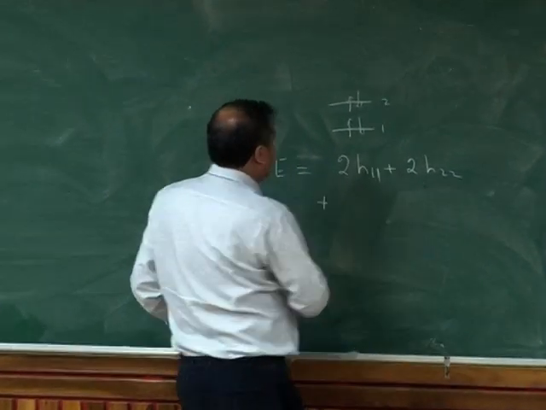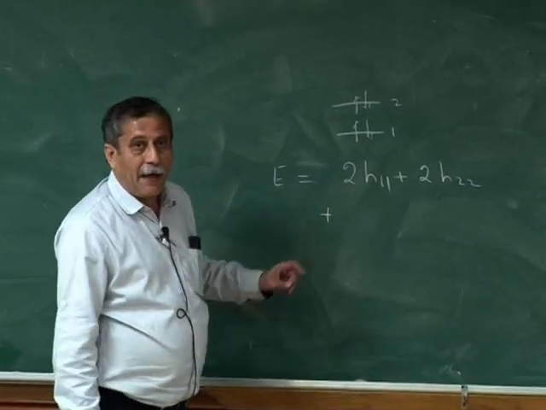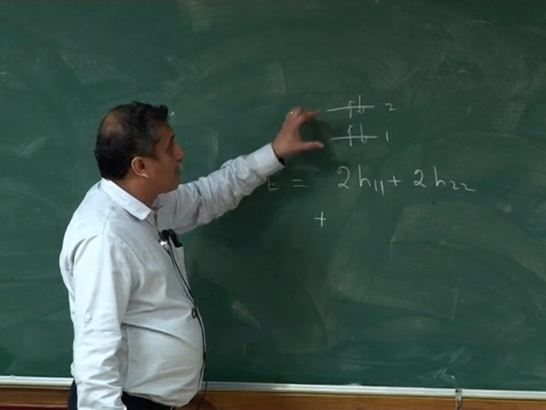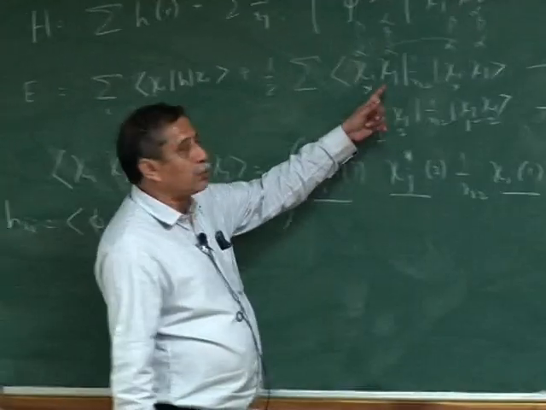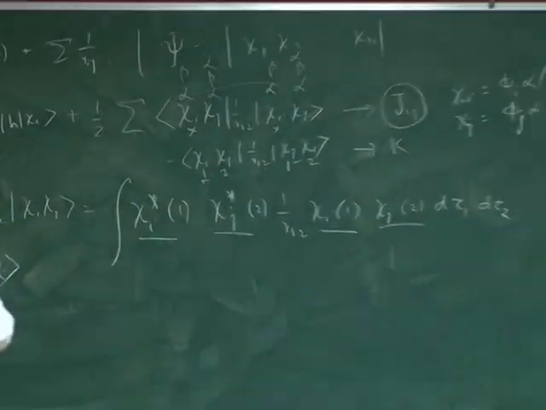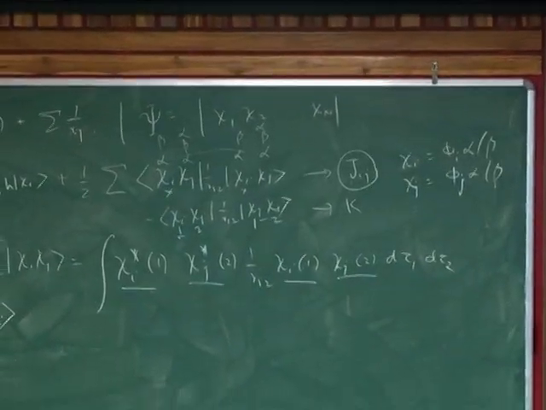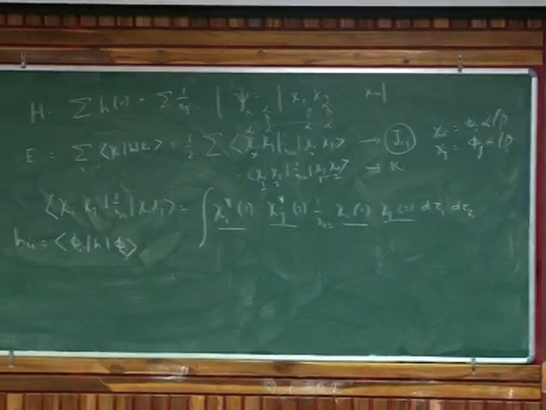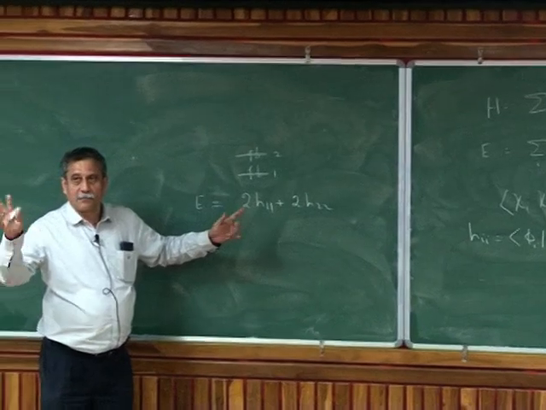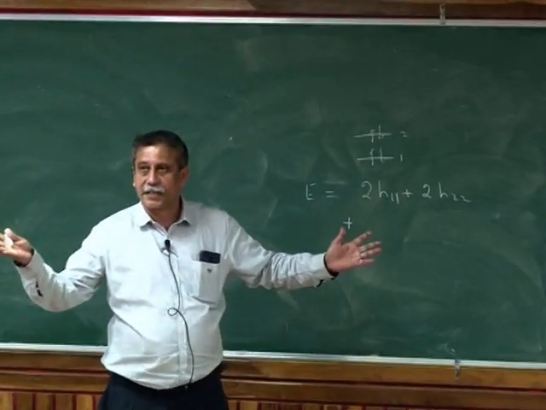Then you want to write the Coulomb and the exchange term. Now the formula is very simple. Every pair of electrons, whether parallel or antiparallel, contributes to the Coulomb. Only parallel contributes to the exchange. So now how do I write this? How many pairs of electrons are there? 6, because there are 4 electrons, so 4C2 is 6.